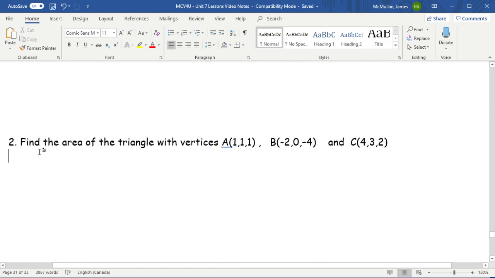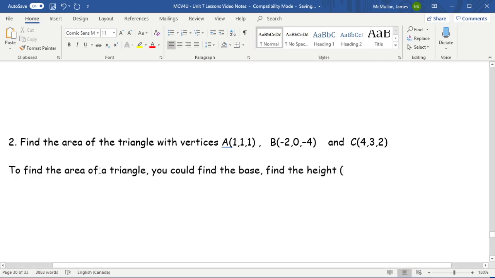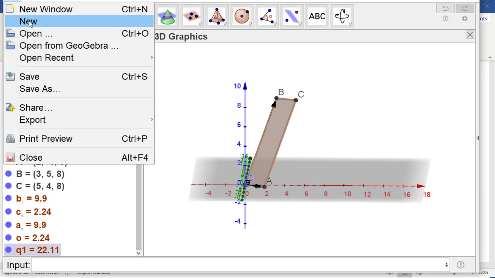To find the area of a triangle, you could find the base and the height, which you would have to do by projecting, or you could do something really clever. That's what we're going to do. Let's draw it first, and then you can see what I'm talking about.